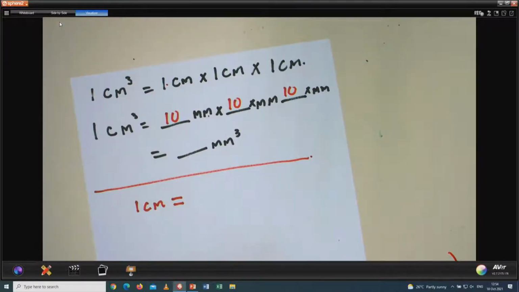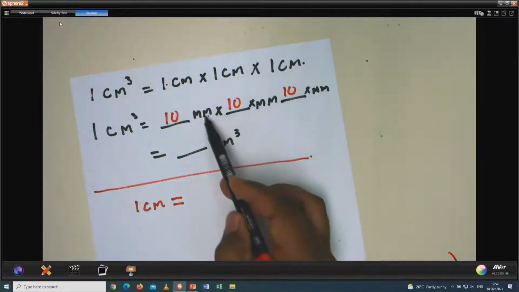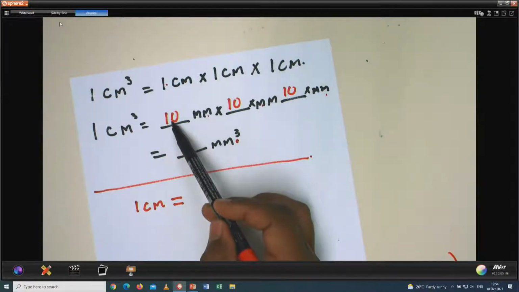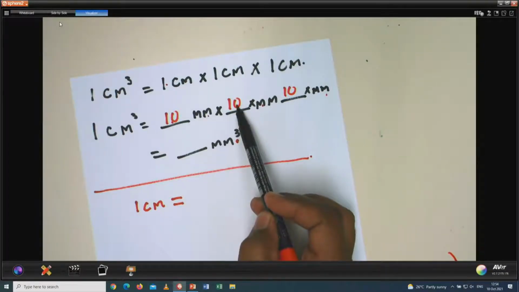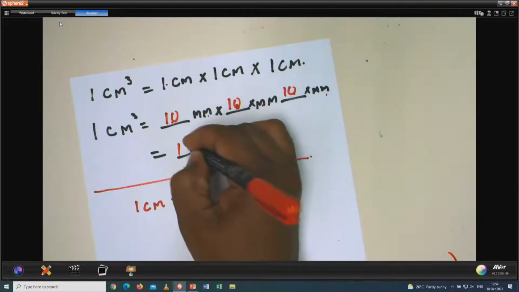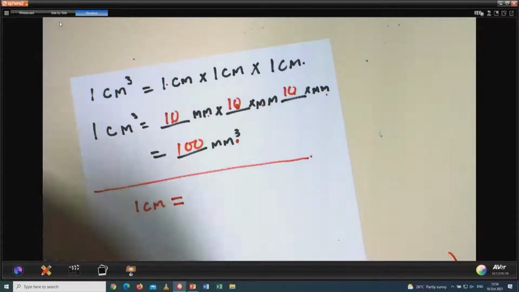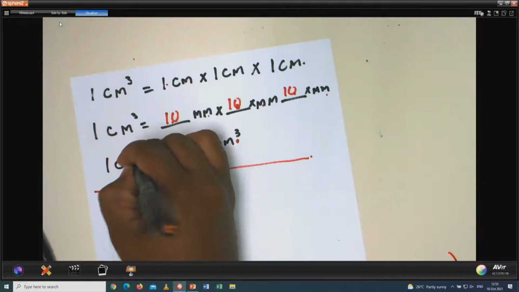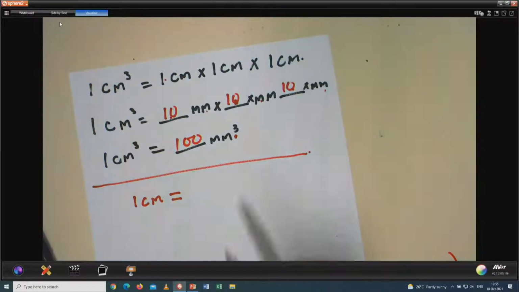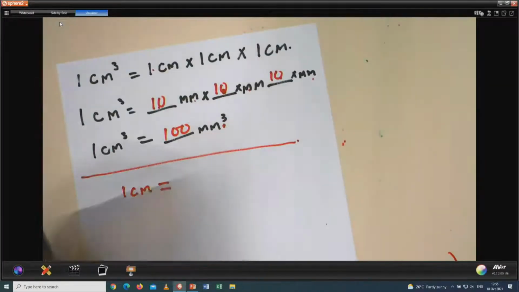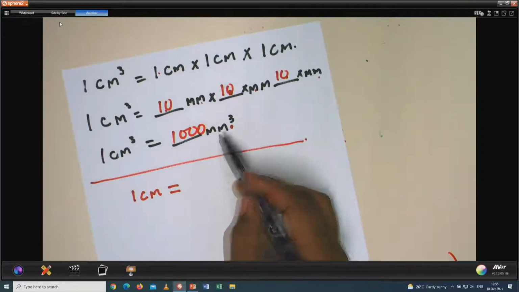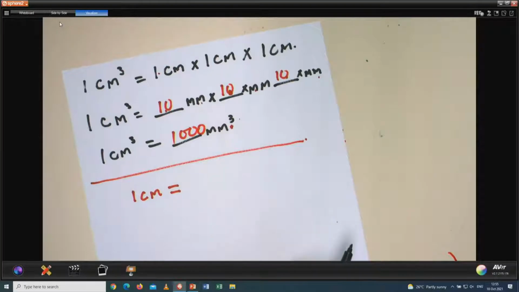And therefore now, let us do the multiplication. The units have already been taken care of for us. 10 multiplied by 10 is 100. Then 100 times 10 is 1,000. So 1 cubic centimeter is equal to 1,000 cubic millimeters.